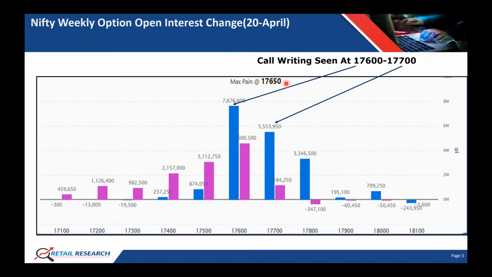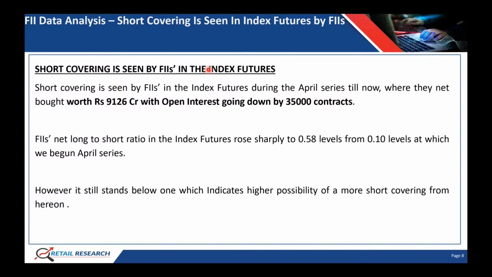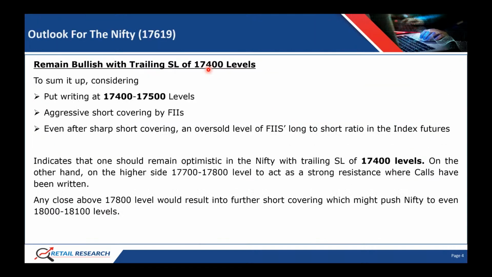We can expect Nifty to stagnate for tomorrow's session. Overall, longer term, we feel that the market will remain bullish. Around 17,400 and 17,500 should be the stop loss, especially for longer term positions. We expect it to find resistance around 17,700. And once 17,700 is crossed, we can expect further short covering.